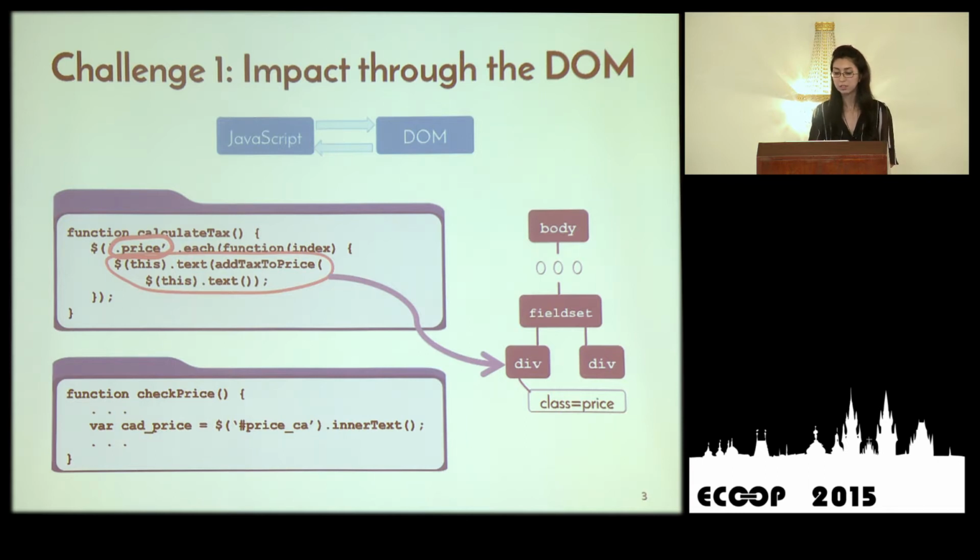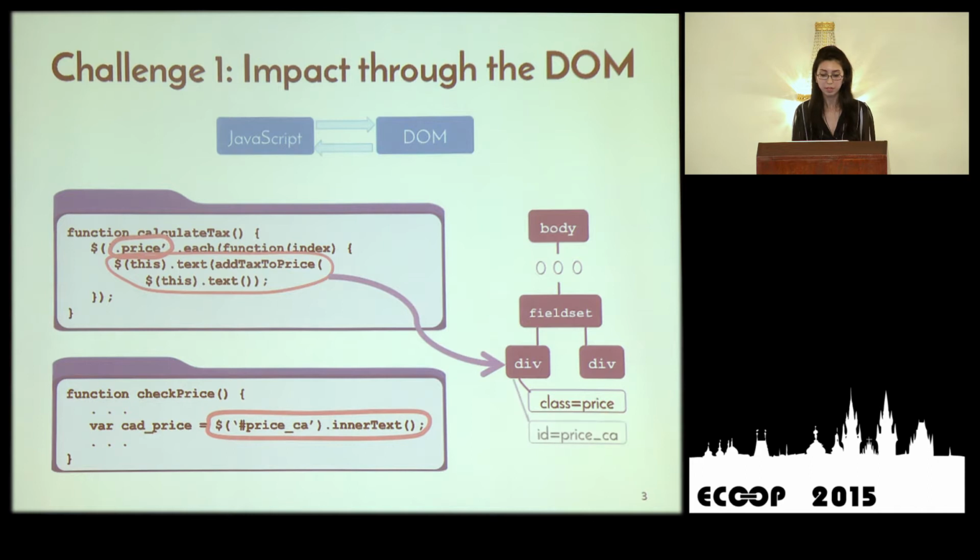Later, it reads a DOM element based on its ID and uses its value to make a decision or take some actions. In this example, there is one element that matches both criteria. So this div element fits the first criteria for the class type and also is retrieved with the second function.